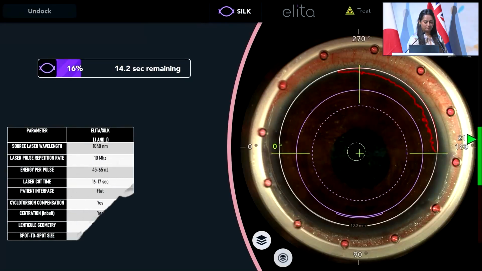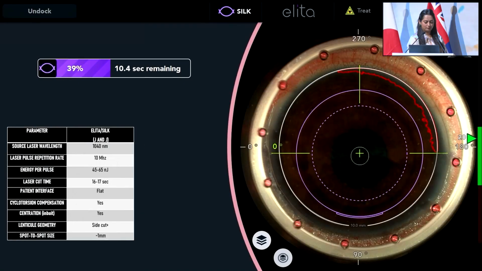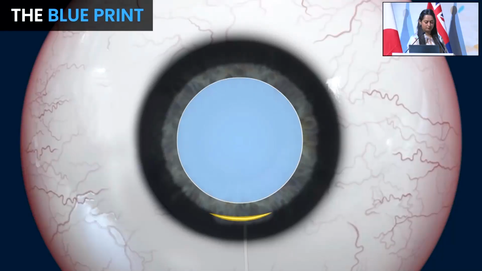So we decided to use this advancement in technology to our patients' advantage to provide enhanced quality of vision.